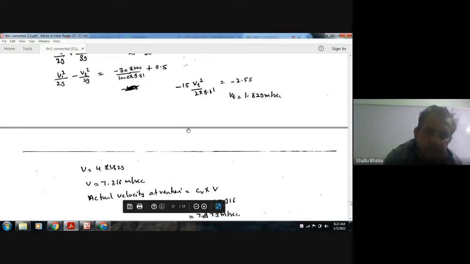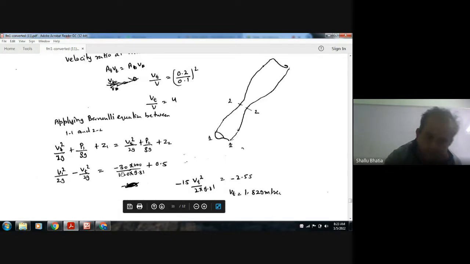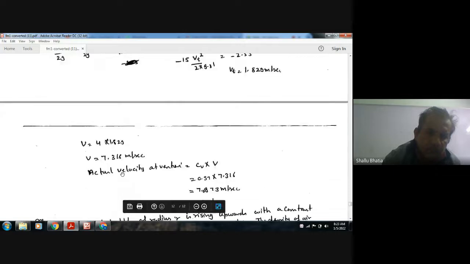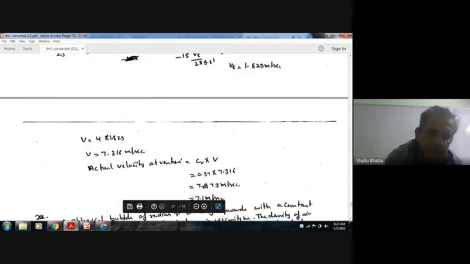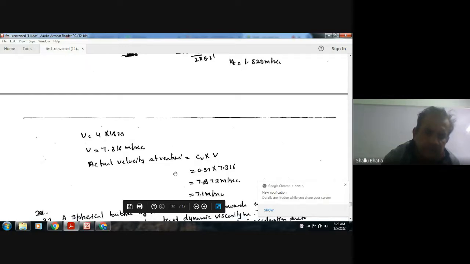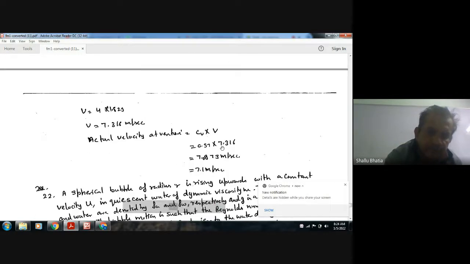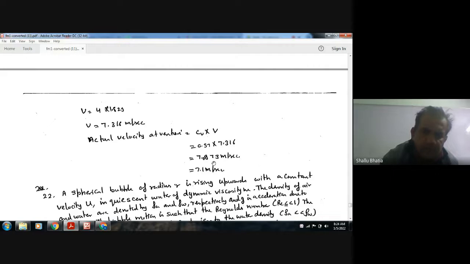So VT is 1.829, and V is 4 times this, since the ratio is 4. So V is 7.316 meter per second. The actual velocity at the center is C into V, that is 0.97 into 7.316 meter per second.